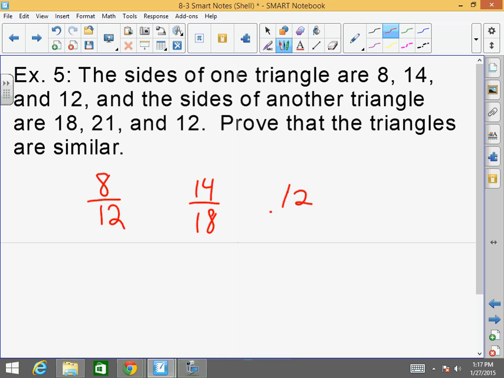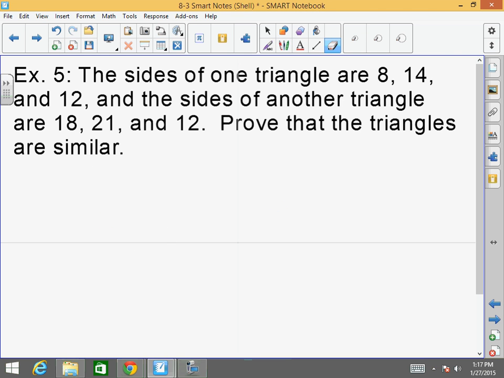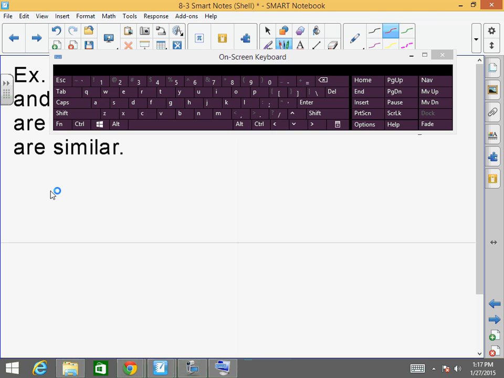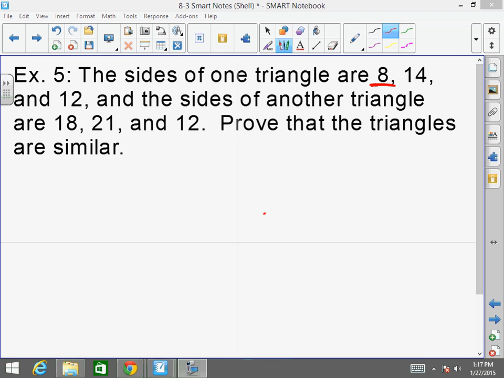12 to, so hold on, I messed this up. Let's go small to small.